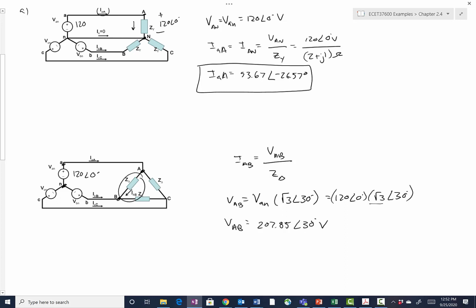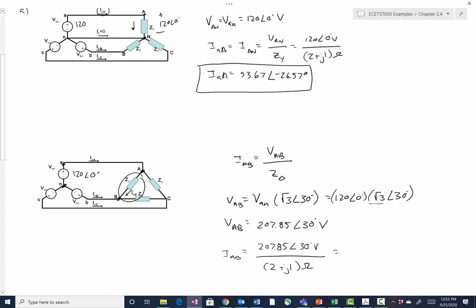We can use that to calculate a line-to-line current here, IAB. You can see that IAB is going to be VAB over Z delta, so that's 207.85 at angle 30 degrees volts, and we need to divide that by 2 plus j1 ohms.